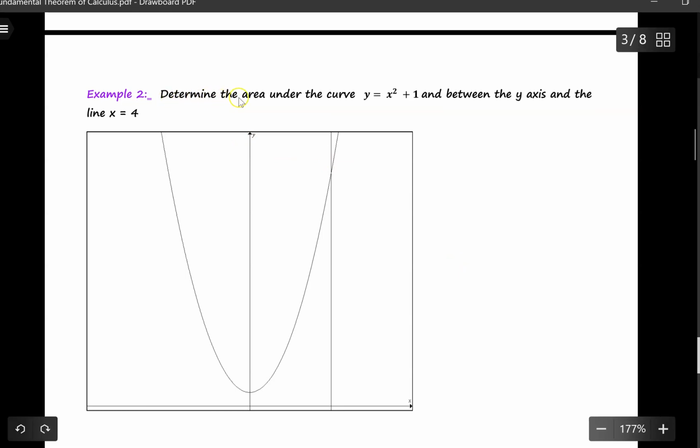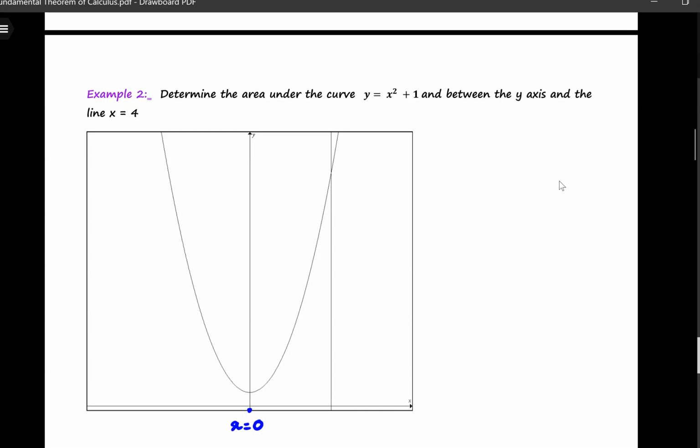So determine the area under the curve y equal to x squared plus 1 and between the y-axis and the line x equal to 4. So they are giving you the two limits here. The y-axis right here, then x is equal to 0. Everyone recall that the equation for the y-axis is actually x equal to 0.